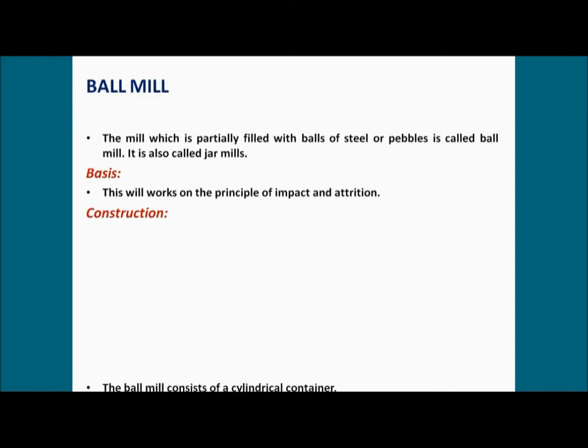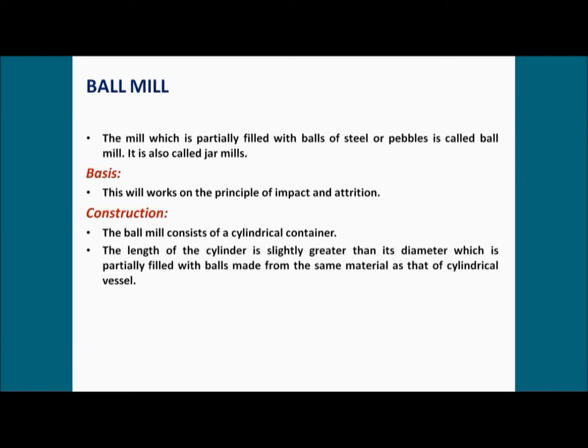If we see the construction of the ball mill, it consists of a cylindrical container first of all, right? The length of the cylinder is slightly greater than its diameter, meaning it is quite long, and it is partially filled with balls of steel or pebbles, which are made from the same material as the cylindrical vessel.